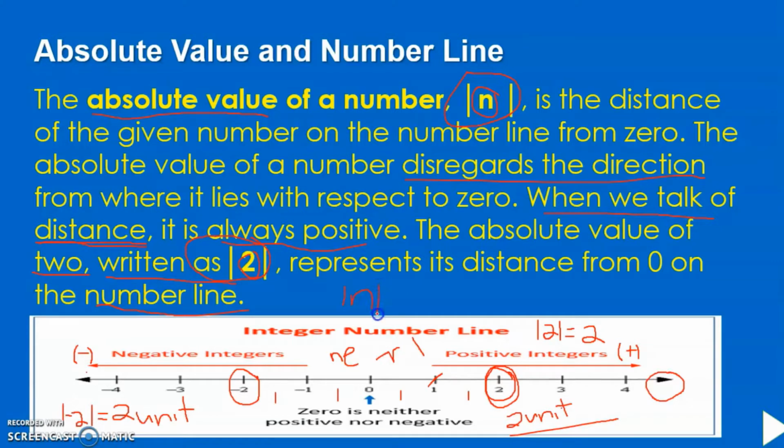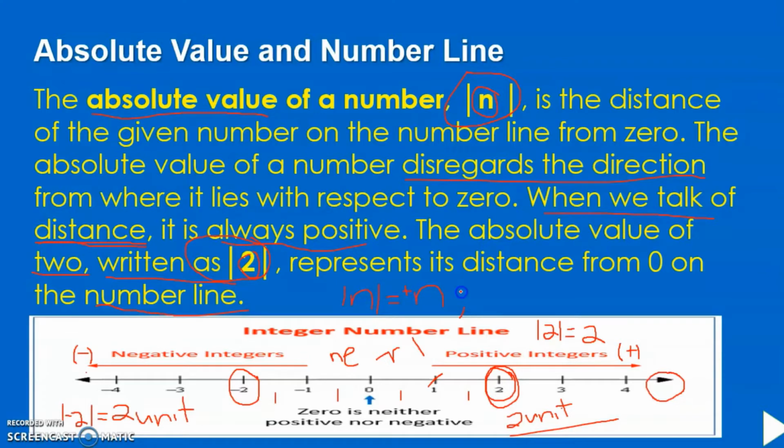So meaning to say, the absolute value of any integer has an equivalent of a positive integer or positive distance unit represented by integers.